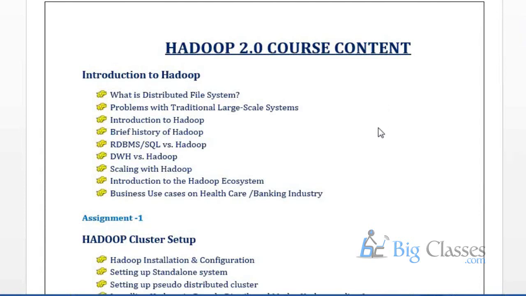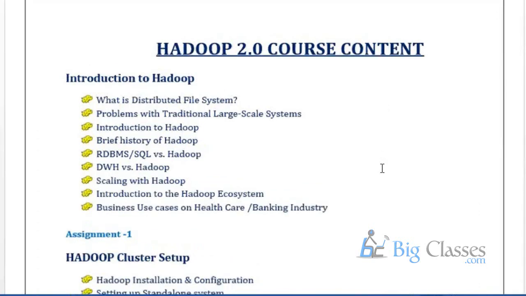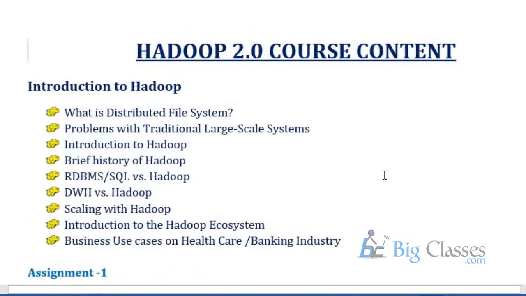First, we will start with the introduction of big data, and we will also explain the Hadoop ecosystem. I'll start with what is a distributed file system, and what are the problems with the traditional large-scale distributed file systems.